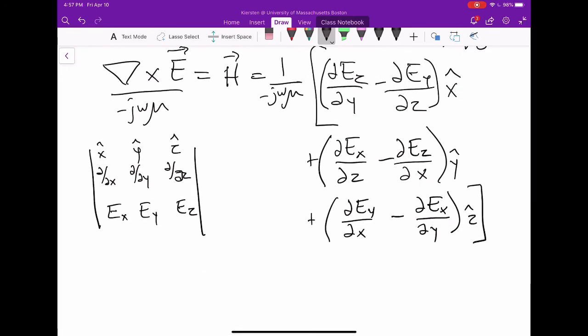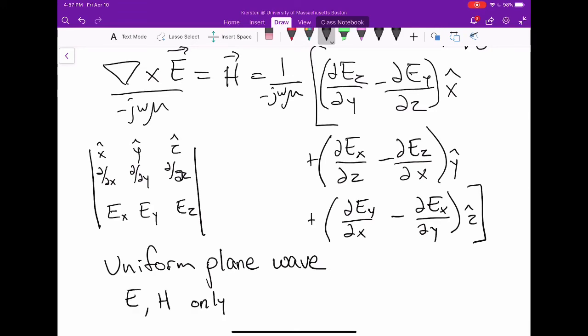Now let's take a look at this though. We've said that this is a uniform plane wave, meaning that E and H only vary along the direction of propagation. In this case, that's z, but it doesn't always have to be z.